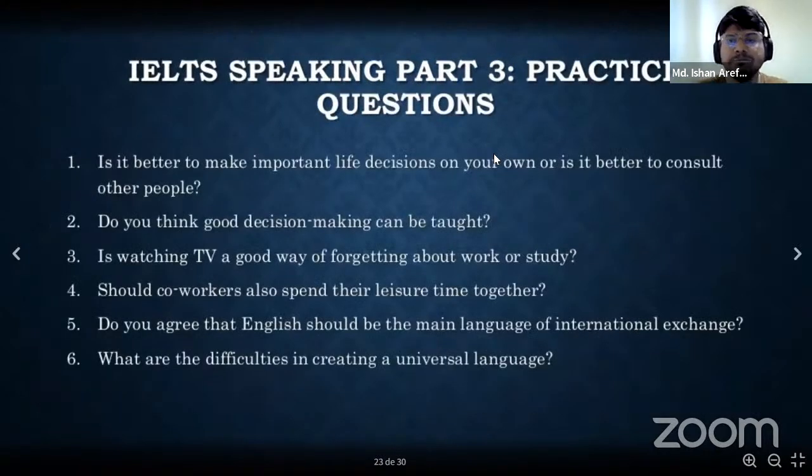So now, practice questions. These questions are very common, but there is no guarantee that you'll have them in your exam. But you can say that these are some of the common questions. "Is it better to make important life decisions on your own, or is it better to consult other people?"